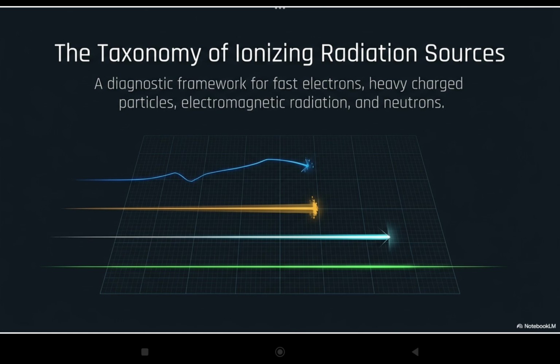The goal is not to memorize names but to understand why each source behaves the way it does, how it interacts with matter, and how we choose it for a specific task in imaging, calibration, or radiation physics.